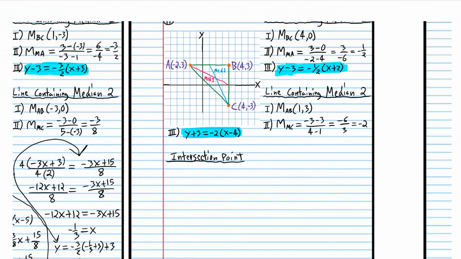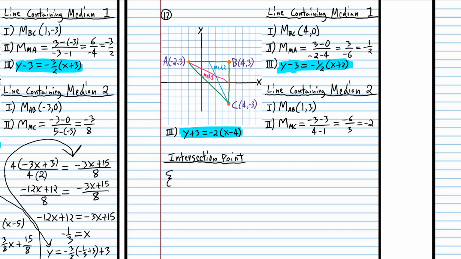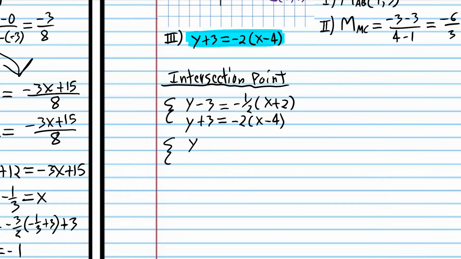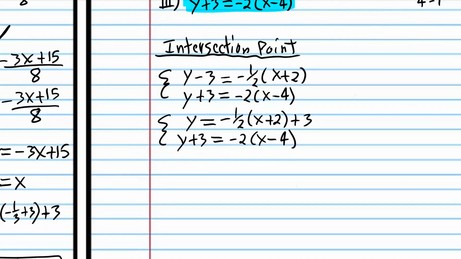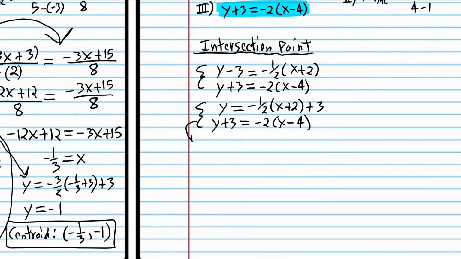So now, to find the intersection point, we're going to use a system of equations using those blue equations that we just found. As usual, we're going to isolate y in one of the equations. And then we're going to take the equation where y is not isolated, and we're going to rewrite it. But instead of y, we're going to plug in what the top equation tells us y equals.